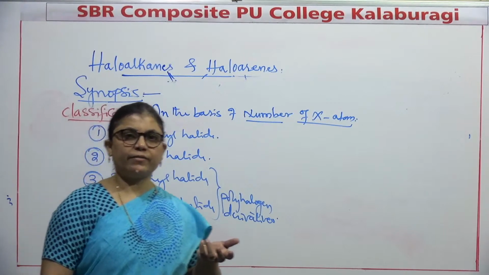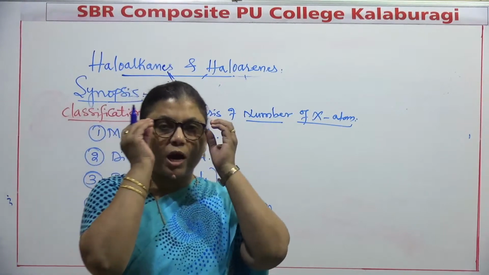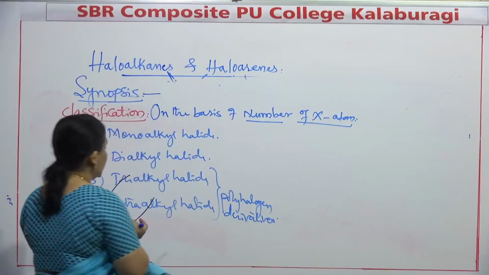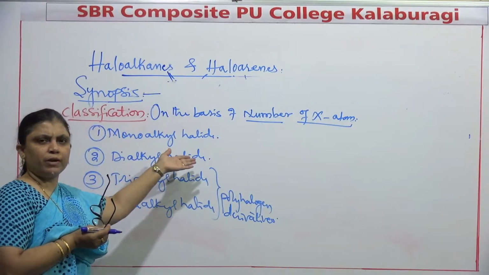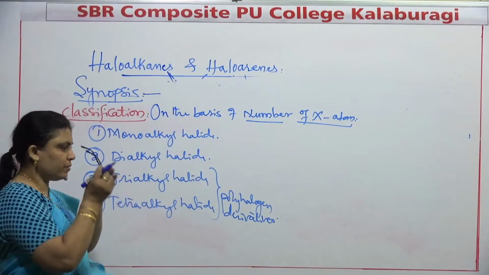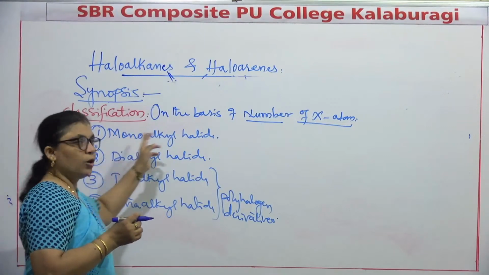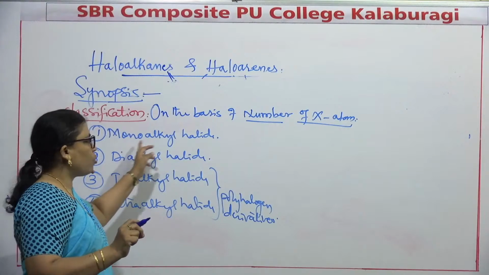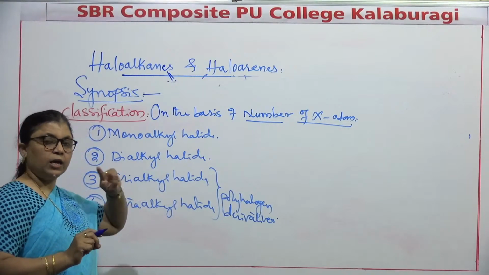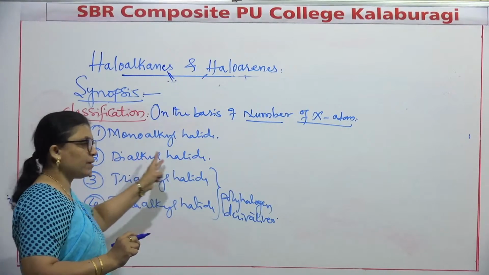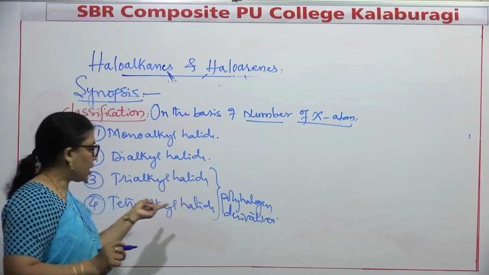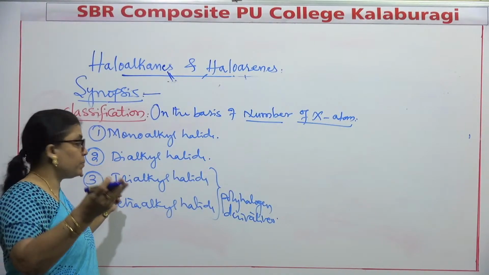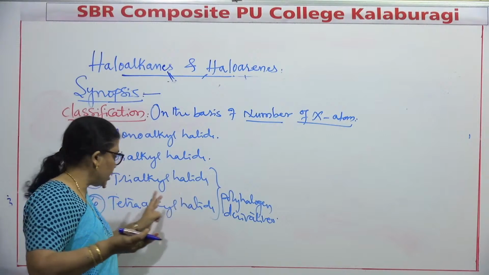The name itself indicates that whenever we are dealing with a monoalkyl halide, or the monohalogen derivative of alkane, only one hydrogen atom is replaced by a halide group. If two halogen atoms are replaced, they are called dialkyl halide. If three hydrogen atoms are replaced, they are called trialkyl halide.